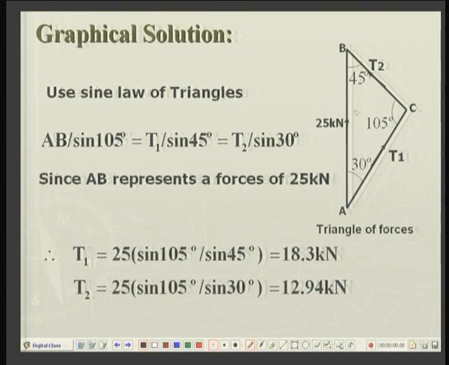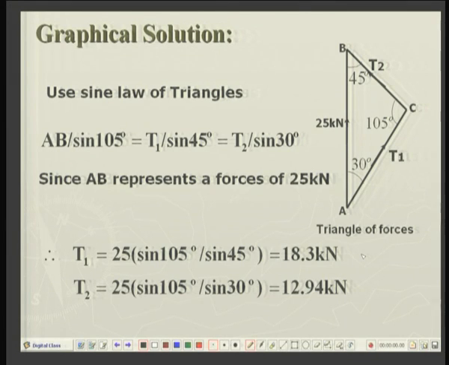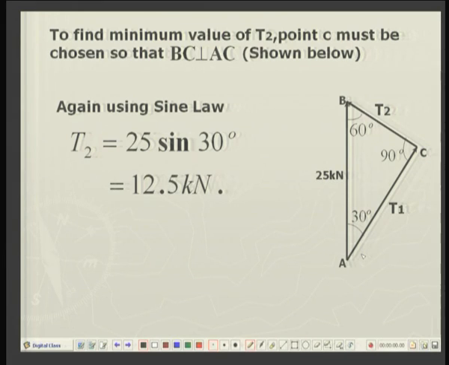Because AB is 25 kilonewtons, T1 is equal to 25 into sine 105 degrees divided by sine 45 degrees, which is 18.31 kilonewtons. T2 is equal to 25 into sine 105 degrees divided by sine 30 degrees, that is 12.94 kilonewtons. So, both these cable tensions are easily obtained by the simple sine law of triangles and using the triangle law of addition of vectors.